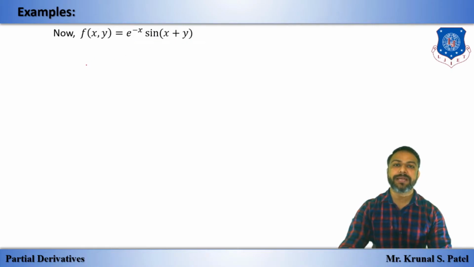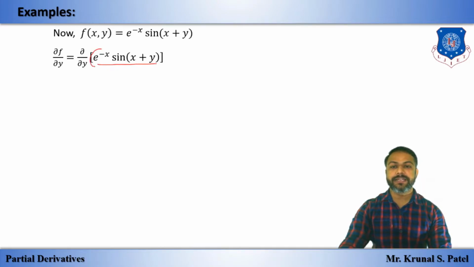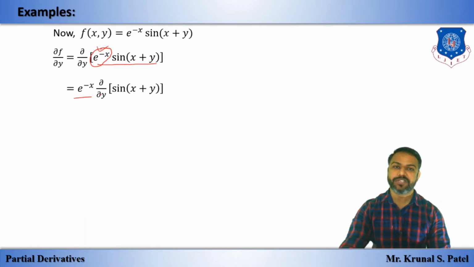Now apply ∂/∂y on both sides. We have ∂f/∂y equal to ∂/∂y of e^(-x) sin(x + y). Here in e^(-x) there is no y, so we can consider this term as a constant, and we can take it outside the derivative, because this is a partial derivative.